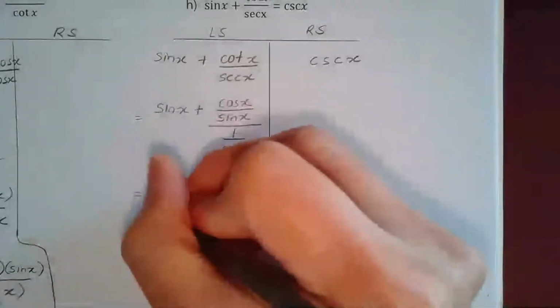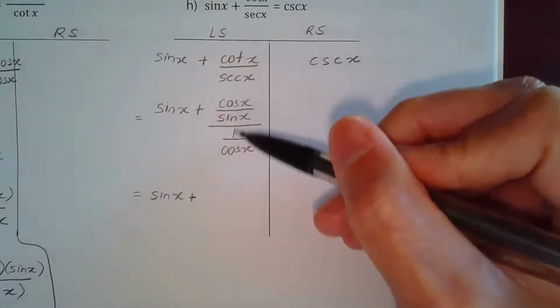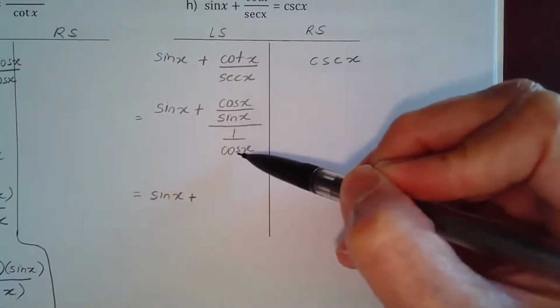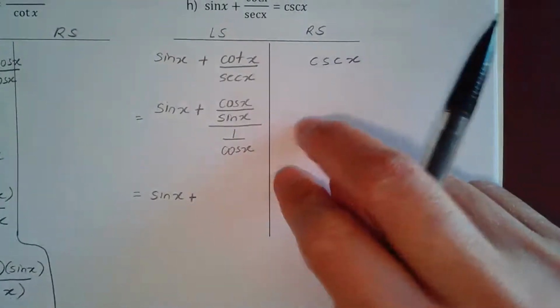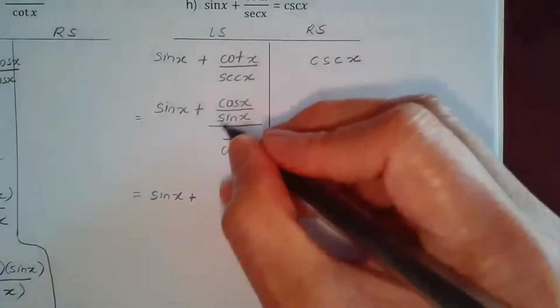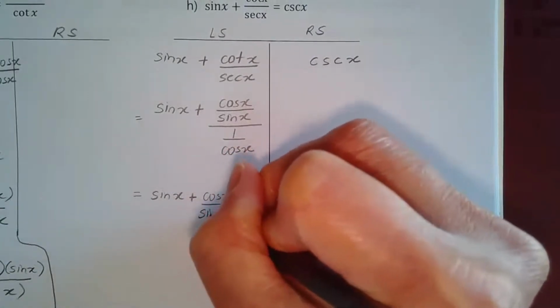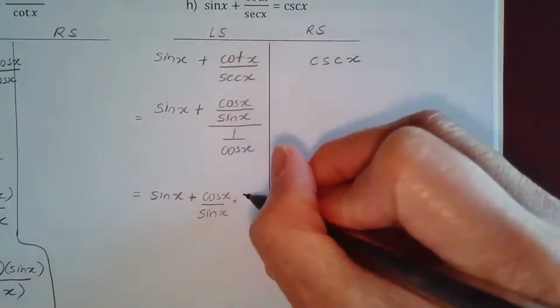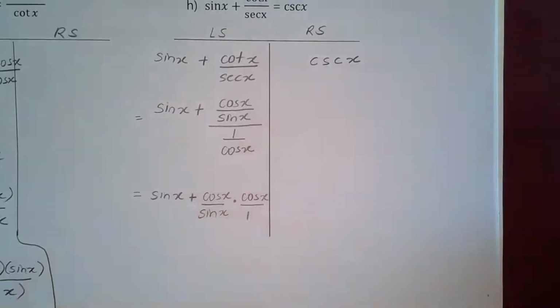Sine of x is still sine of x plus the complex fraction cos of x divided by sine of x, divided by 1 over cos of x. Dividing a fraction is the same thing as multiplying by the reciprocal. So I can write cos x over sine x times the reciprocal, cos of x over 1.